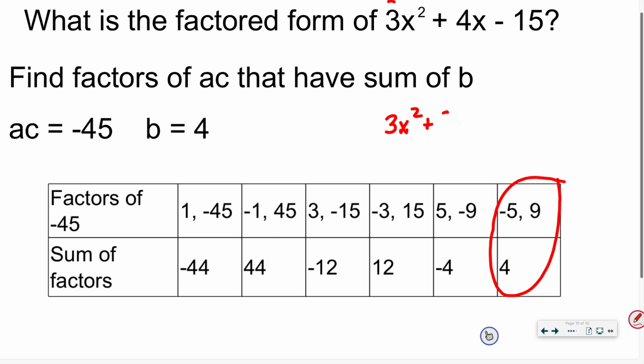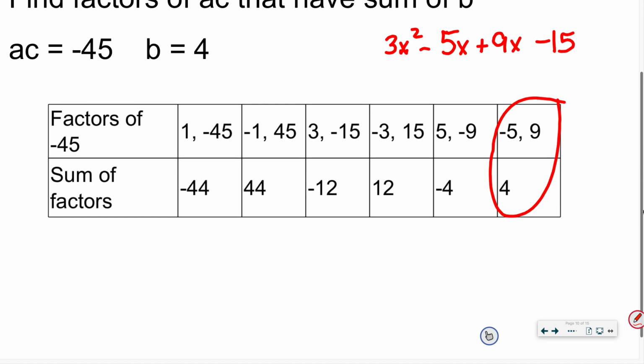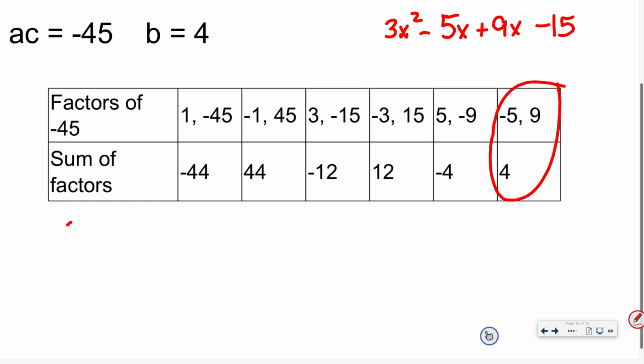Remember, these are the combinations that will add up to 4x. So, minus 5x plus 9x, minus 15. Now, I want to go with this: 3x squared minus 5x plus 9x minus 15. Do you think it matters?